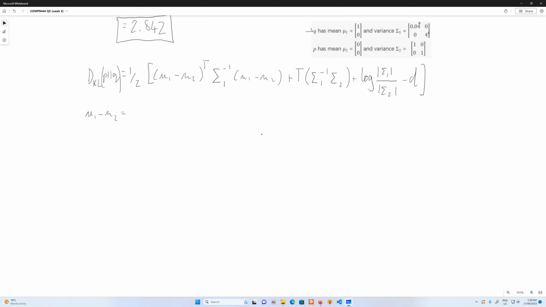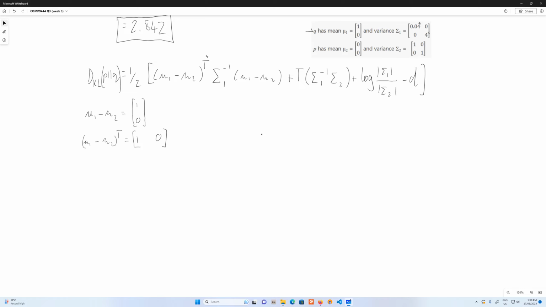If we look up here, mu1 minus mu2 would end up being 1, 0, so a column vector. We need a transpose up here, so we're also going to need mu1 minus mu2 transpose to be 1, 0.